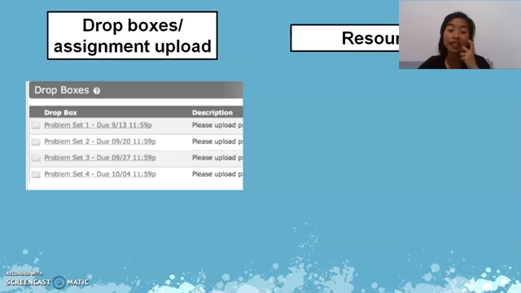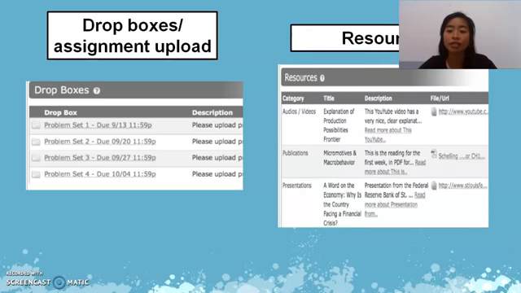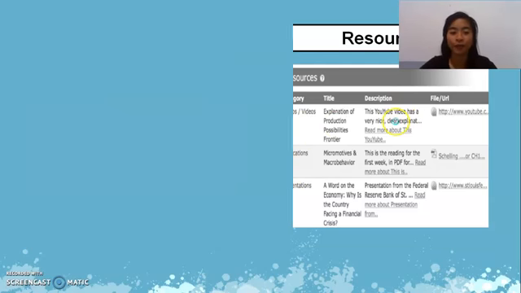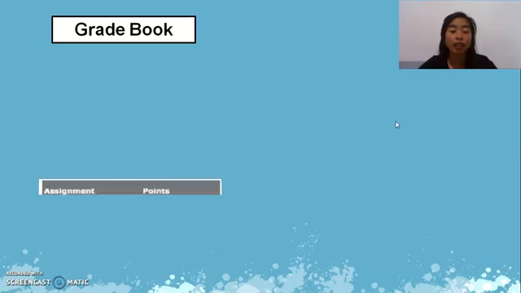The next one, resources. Resources are used to make it easier for the students to get the information. This is an example that consists of categories of resources: audio, publications, presentations, and so on. Then gradebook.